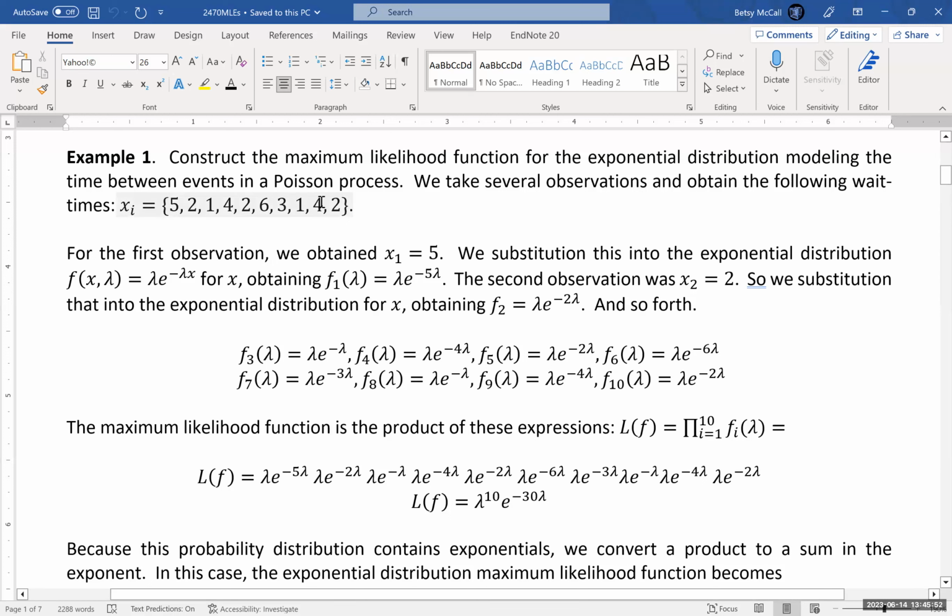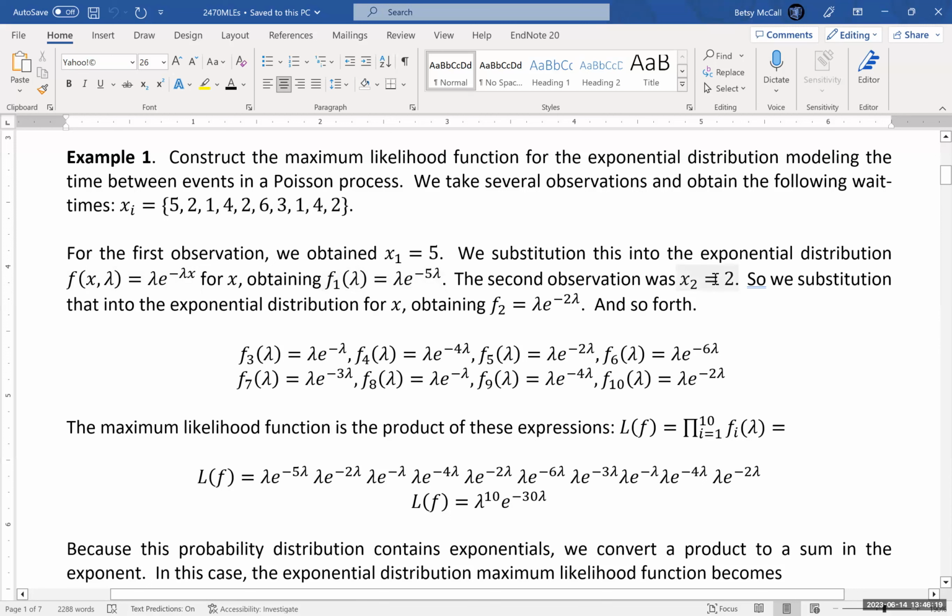So we have this series of observations. We think it's an exponential distribution. We want to find out what the parameter lambda for our exponential distribution is that is most likely to fit this data, given the information we have. So our first observation comes from an exponential distribution where the outcome X was 5.